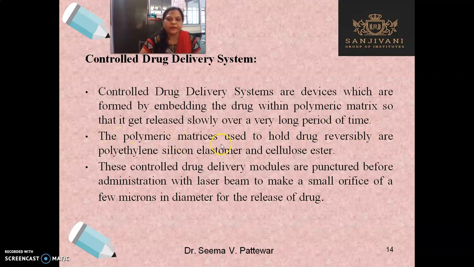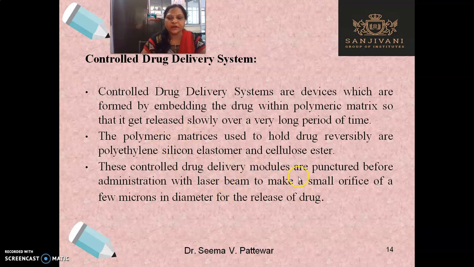The polymeric matrices used to hold the drug reversibly are polyethylene, silicone elastomer and cellulose ester. These are the materials which are used as a storage material for the drug.